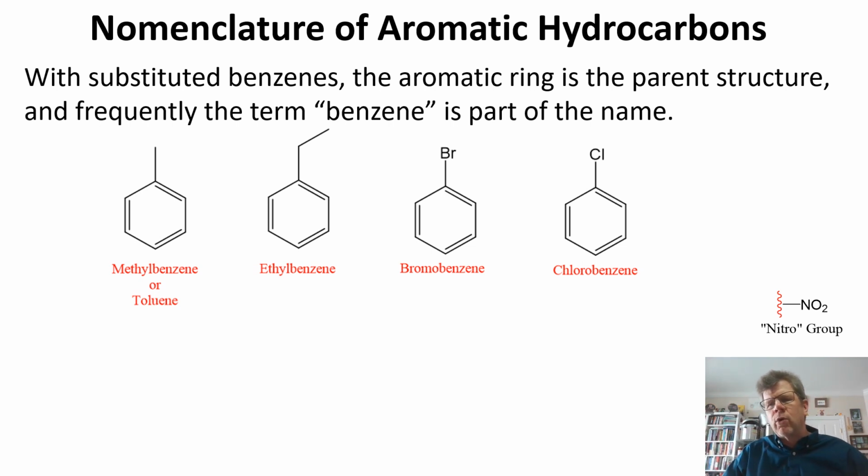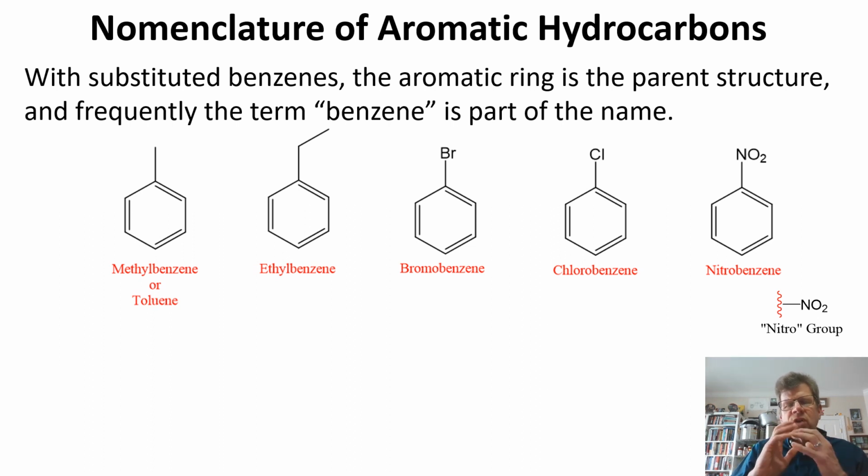But NO2 is considered a nitro functional group. And if we put a nitro group onto a benzene ring, well, it becomes the parent structure, nitrobenzene. Again, I haven't introduced this functional group until now because most of our functional groups were decorated onto an alkane system, non-aromatic. But as we find, nitro groups tend to proliferate on aromatic systems. They're more stable that way.